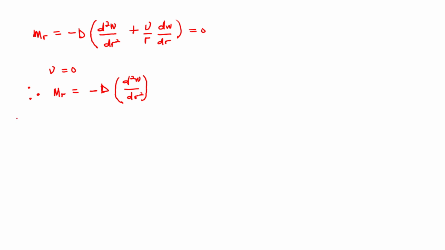Let me write that down. To obtain a value for the square W over the R square, we differentiate the equation.